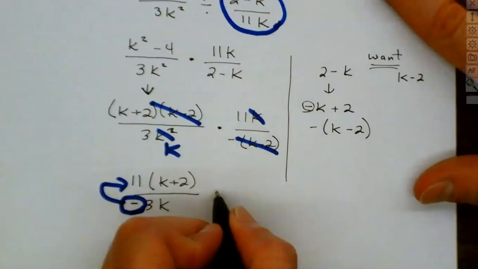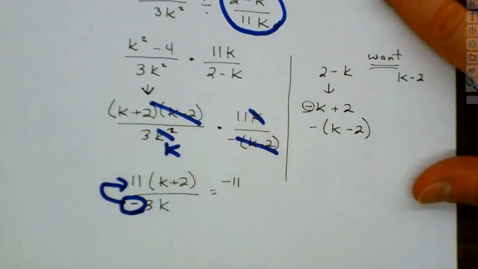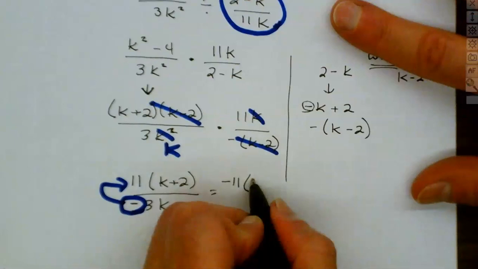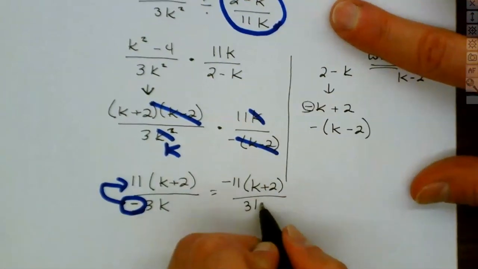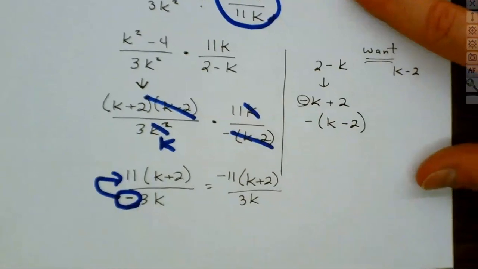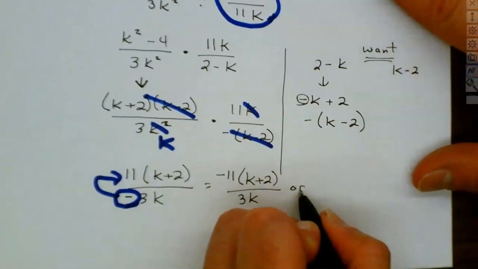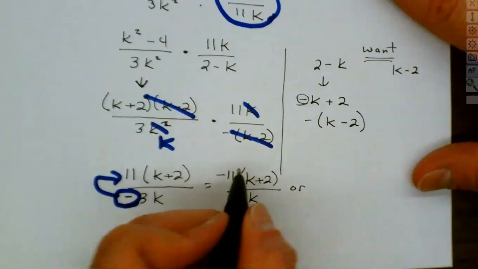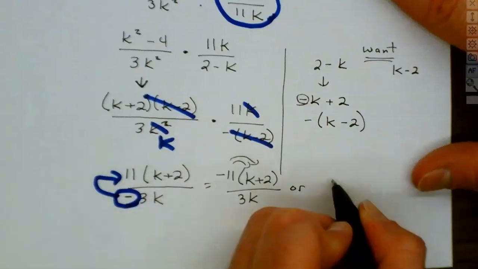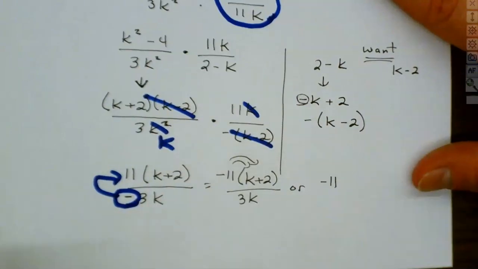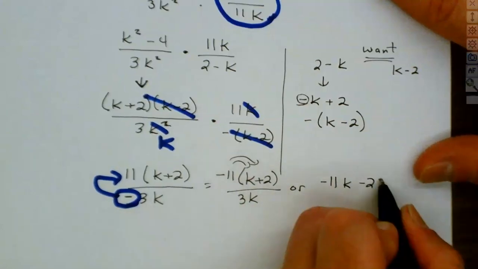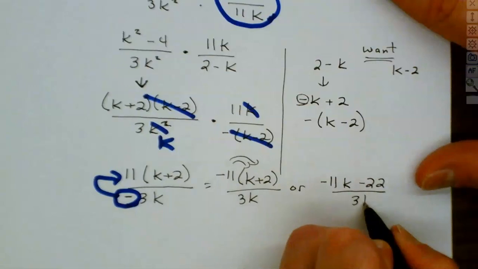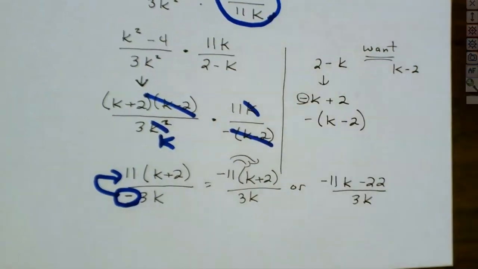We can now rewrite this as minus 11 times k plus 2 over 3k. Or you could write it as, same thing, distribute it through. I'll take either one. You could also write this as minus 11k minus 22 over 3k. They are the same, and I will take either one.